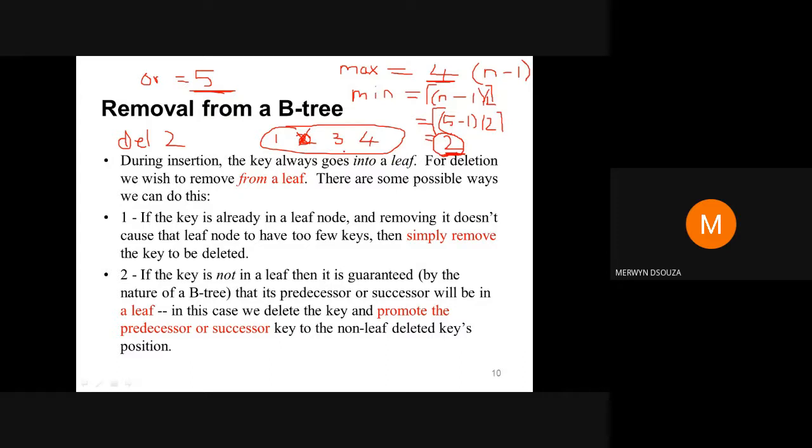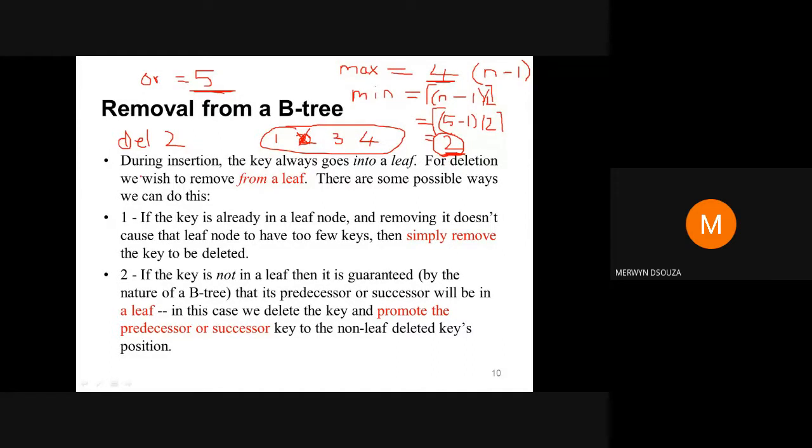I can go to the next step. But suppose the deletion would result in fewer keys than the minimum number of keys, then I have to apply some more logic to it. There are 4 cases for that. I will show you one by one.